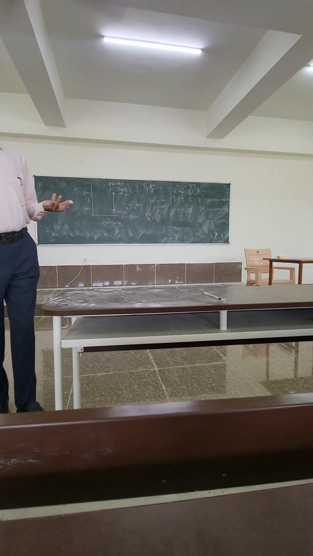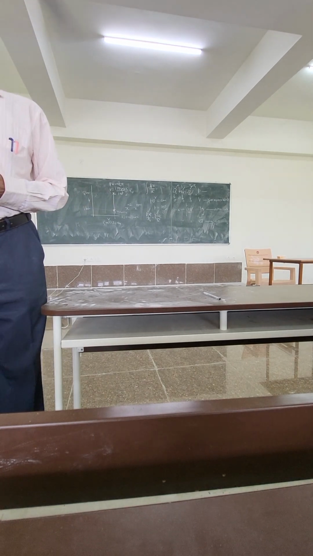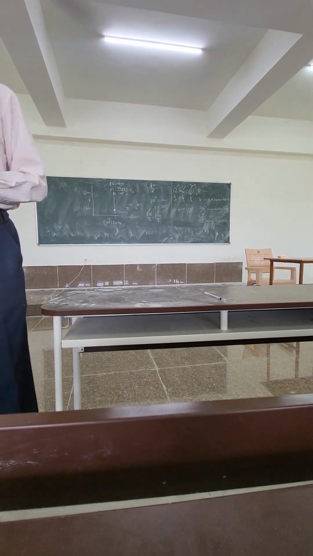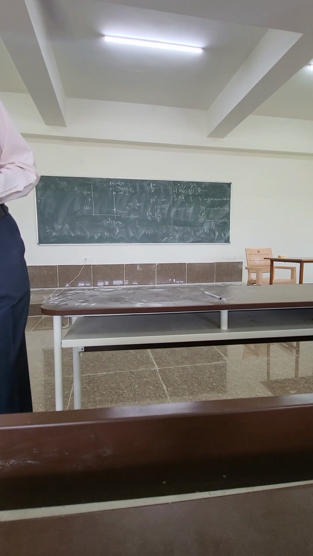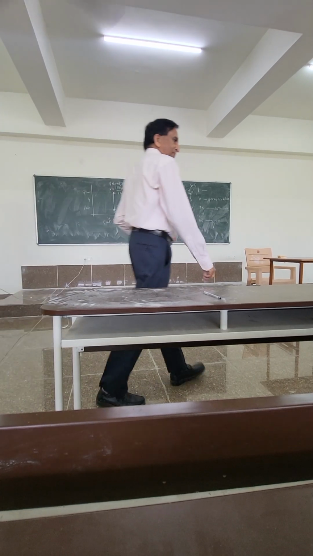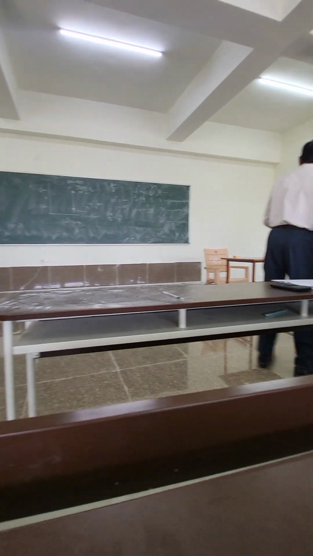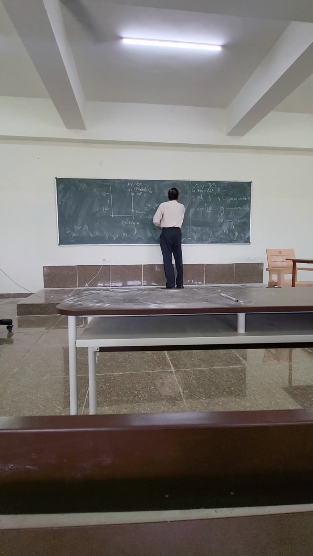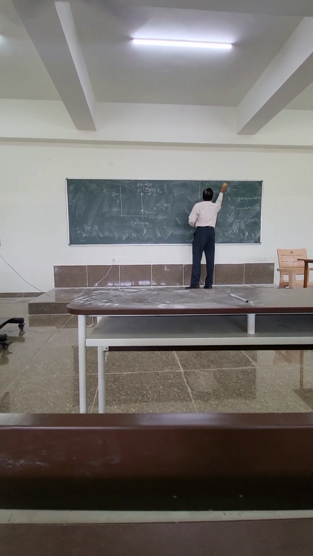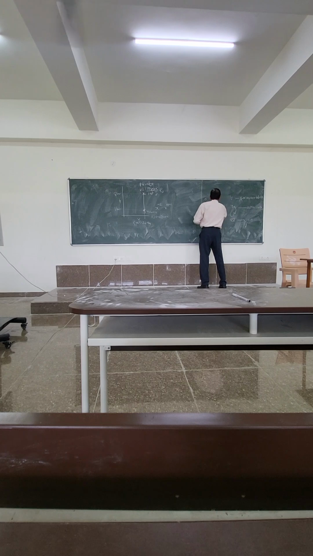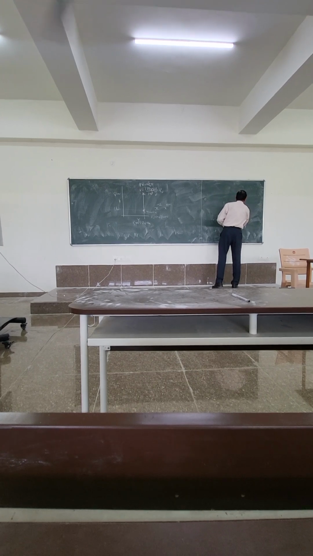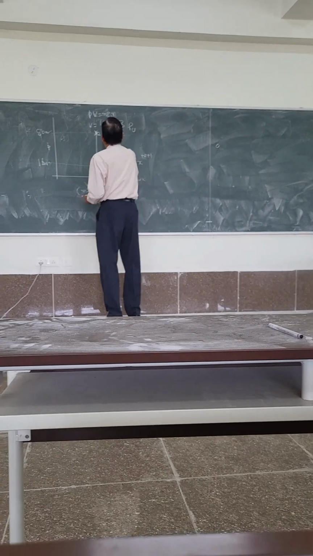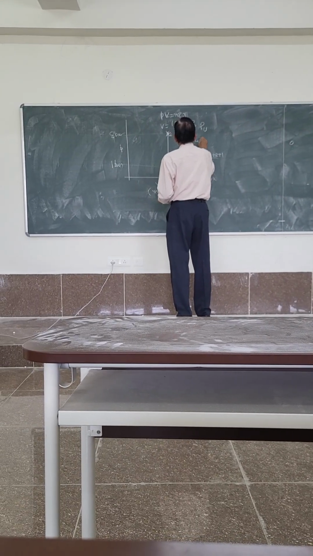So can you calculate what is delta U? Don't bother about the calculation. Change in internal energy is nothing but Cv times T2 minus T1, correct? Final temperature minus 300. So delta U will be equal to... here the temperature T2 will be equal to 2400 Kelvin.